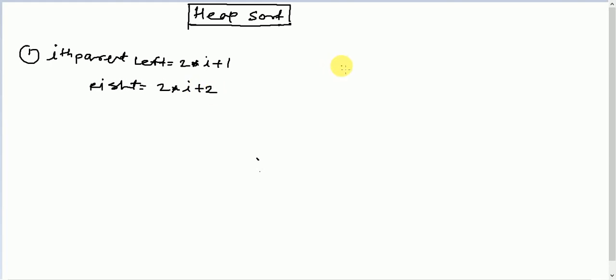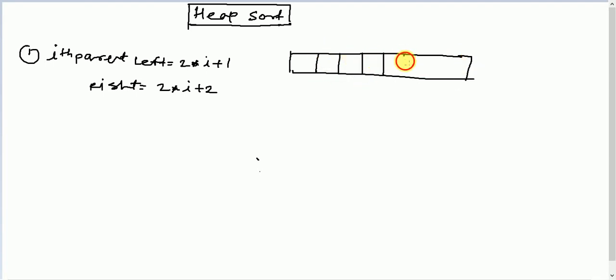Okay, so let us try to find out, for an ith child, what will be the address of the parent. We take one example here. Let's say this is a 1D array, and here we are putting the index 0, 1, 2, 3, 4, 5, 6, 7.